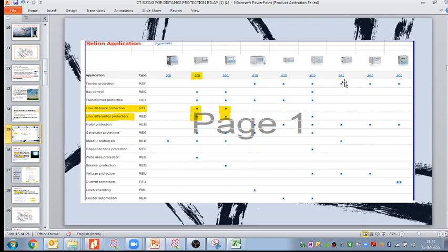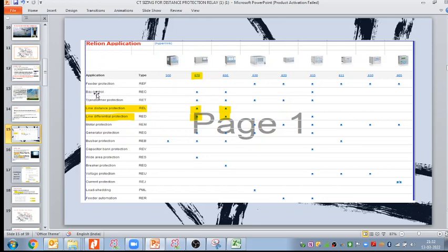Generally we take the REF615 model for distribution feeder protection. Or can anyone add any additional selection? I have taken 615 so far, that's why I quoted 615. REF615 we generally take for feeder protections.